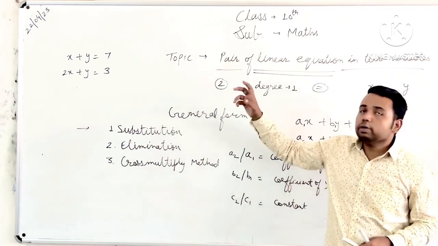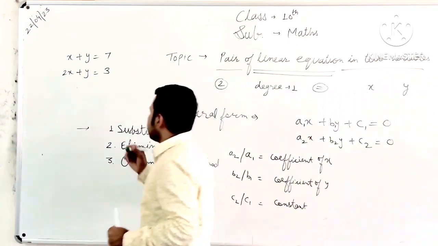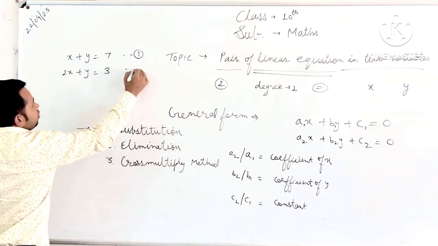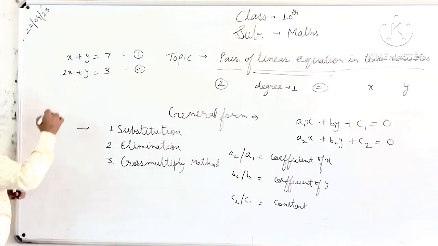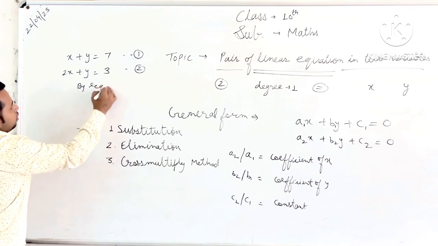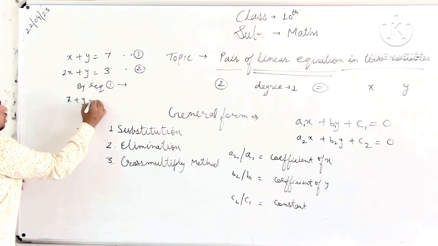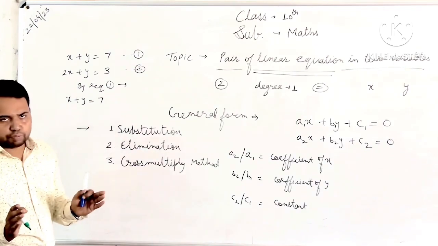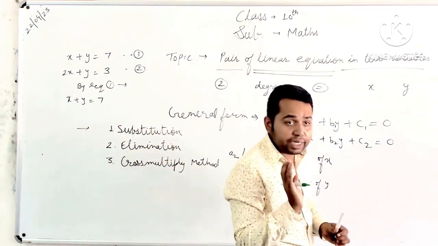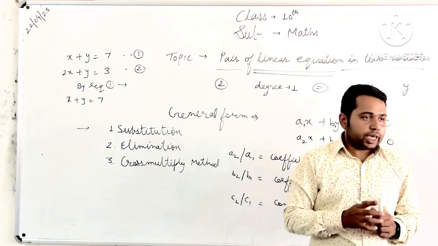So what will we do in this method? This is equation number 1, this is equation number 2. We will start from equation first. Write the equation again: x plus y equals 7. Find any value, maybe x, maybe y, but better to find the value which has no coefficient.